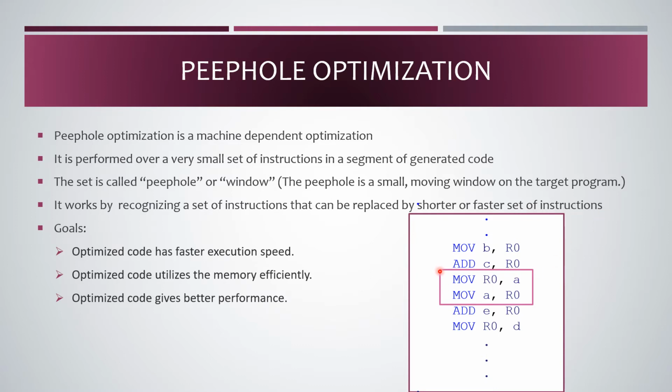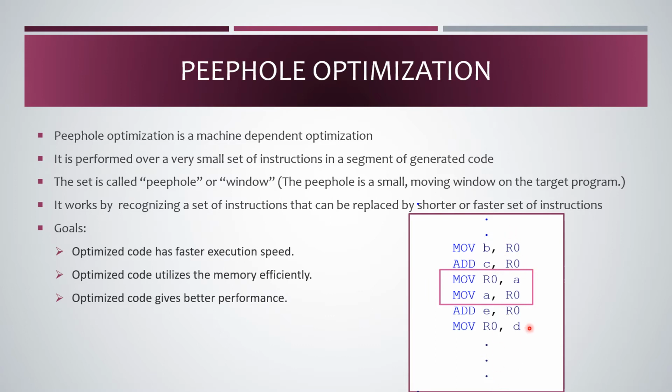For example, here I have taken a set of 2 instructions and I am going to replace it with a single instruction. Now, this very small set of instructions that I am going to replace will be called a peephole or a window. So the peephole is nothing but a small or a moving window on the target program.